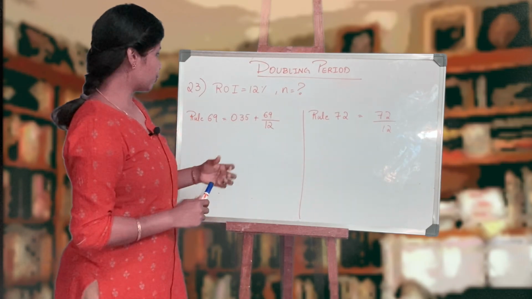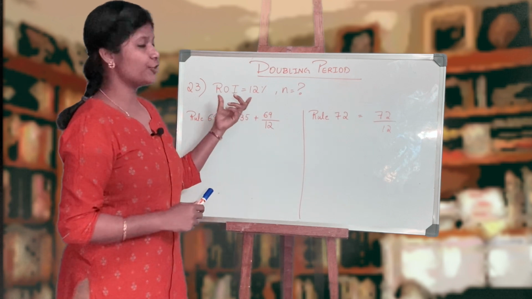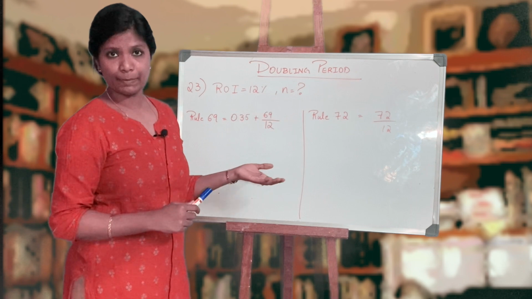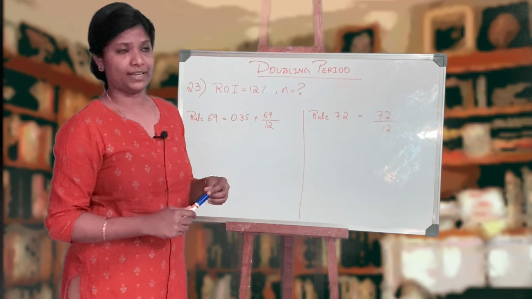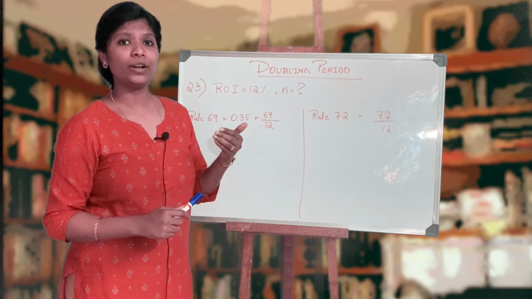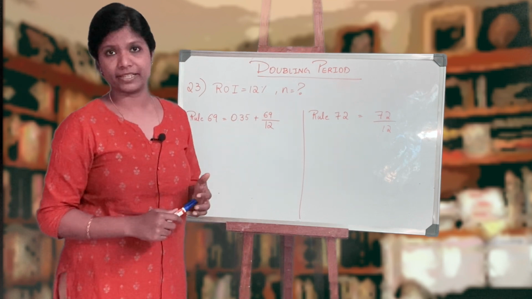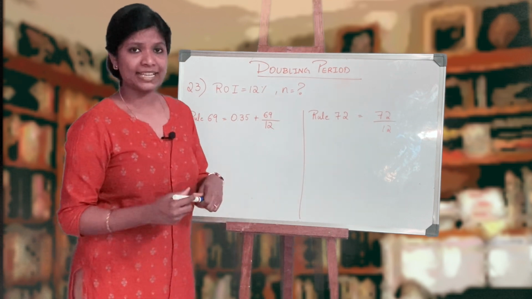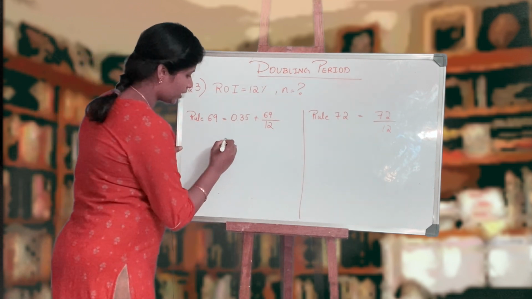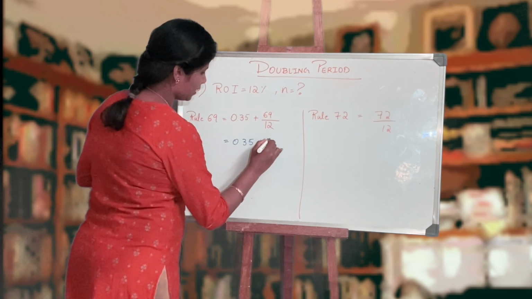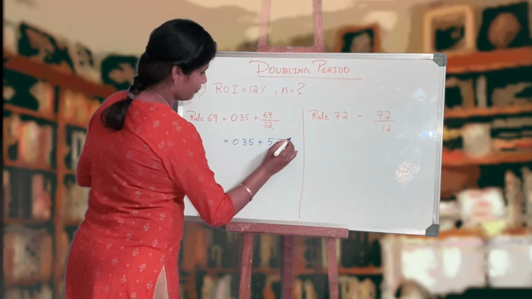So the next question, question number 23, same, the rate of interest is given at 12%. The question is asking you, if a sum of amount or an investment is invested at the rate of 12%, find out at what time period will it double itself. Let's solve under both the rules, 69 as well as 72. So 0.35 plus 5.75.